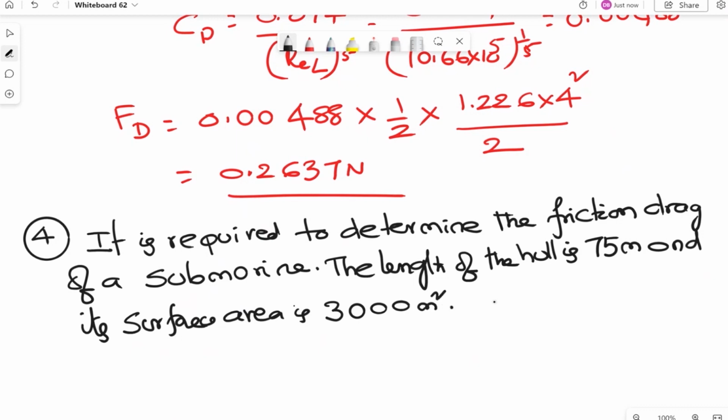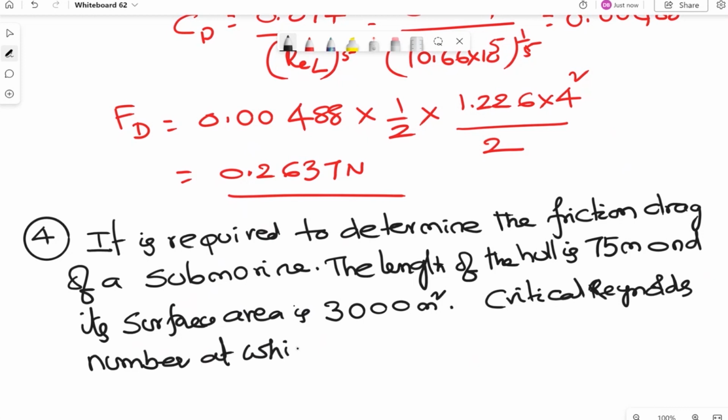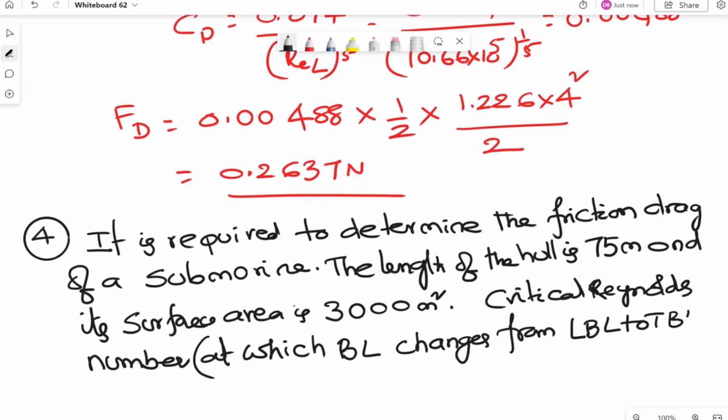Then the critical Reynolds number. The meaning of critical Reynolds number is the Reynolds number at which the flow changes from laminar flow to turbulent flow, that is, at which the boundary layer changes from laminar boundary layer to turbulent boundary layer.